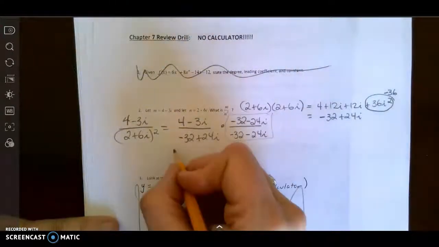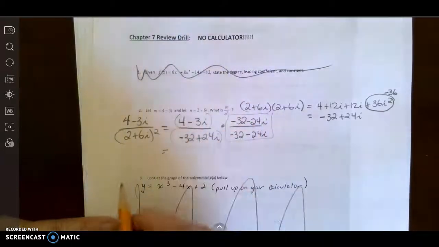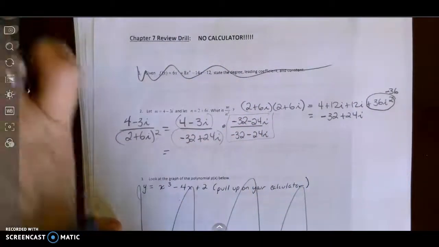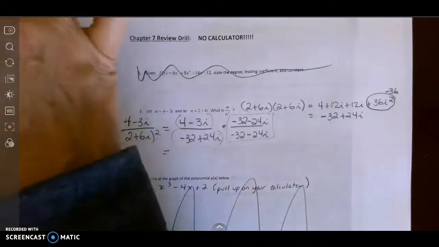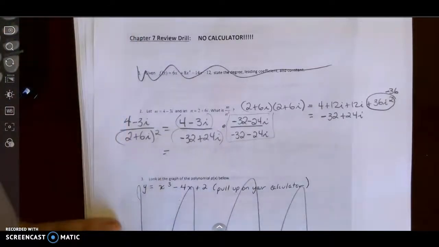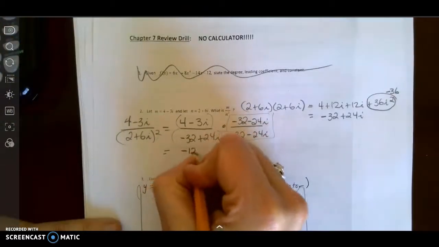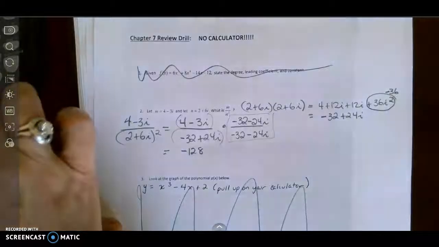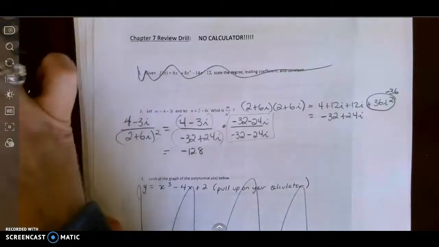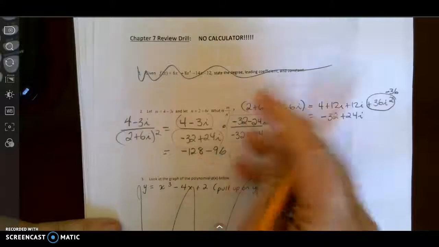Okay, I'm going to keep going here. I'm going to FOIL. Definitely going to be glad I have a calculator to help me with this FOILing. 4 times negative 32 is negative 128. So my first term is my outers. Negative 24 times 4, negative 96i.